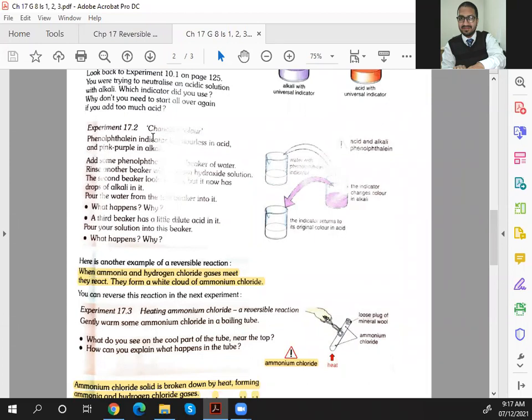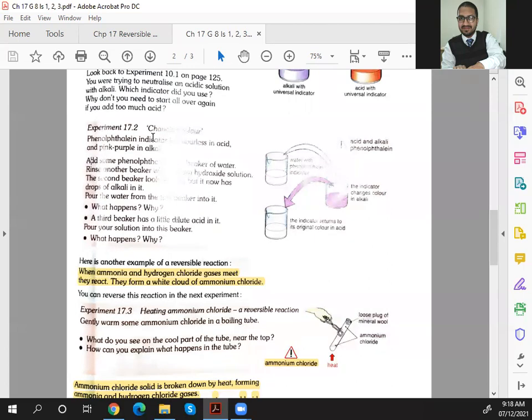If you have your books, the color of phenolphthalein is colorless in acid and pink purple in alkali. I told you, I explained two colors, maybe pink or purple. So it tells you here in alkali, its color may be pink to purple or between them. Okay. And in acid, it becomes colorless.